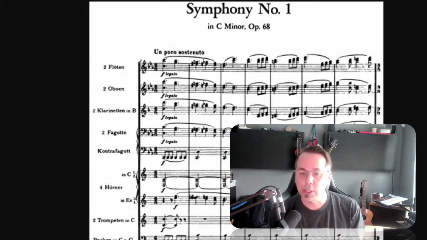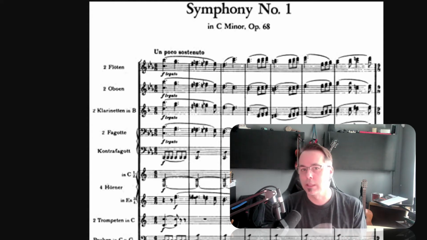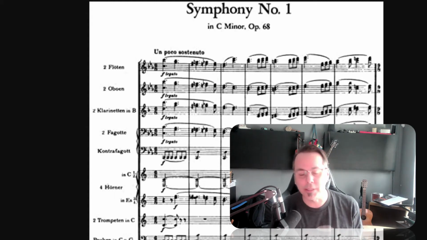In orchestration, you learn how to craft all of those sounds into a blend, into a painting. Each instrument gives you a different color, and you learn how to take all those colors and paint with them. It's a little bit different than writing the music.